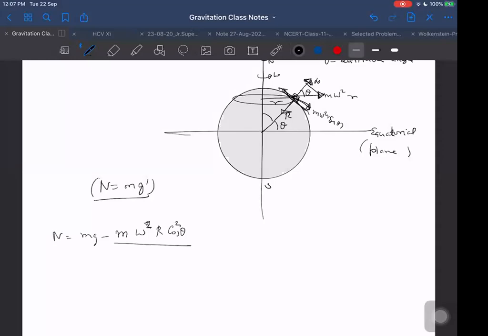Then it will become m into (g minus omega square r cos square theta). Right or not?